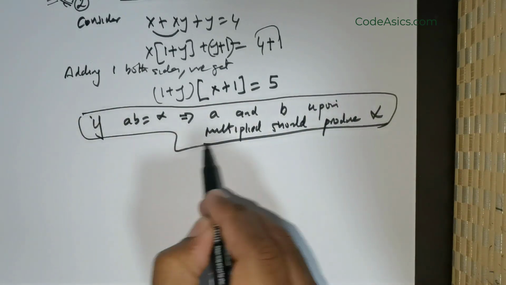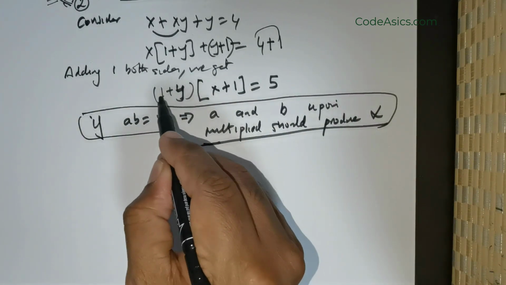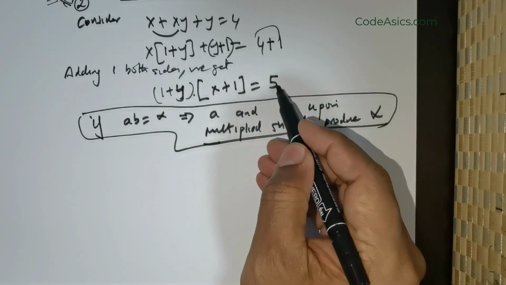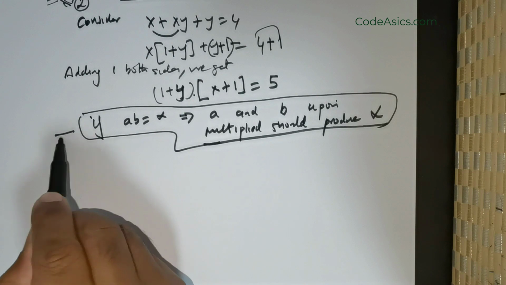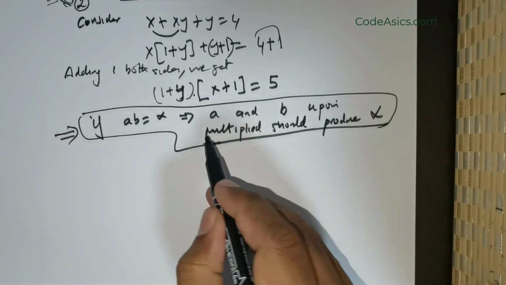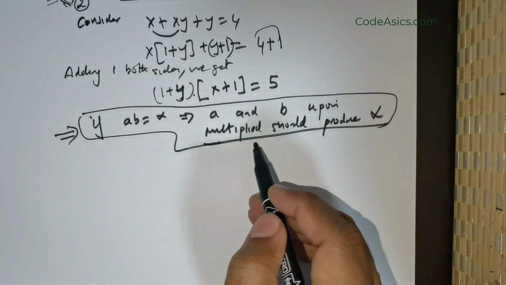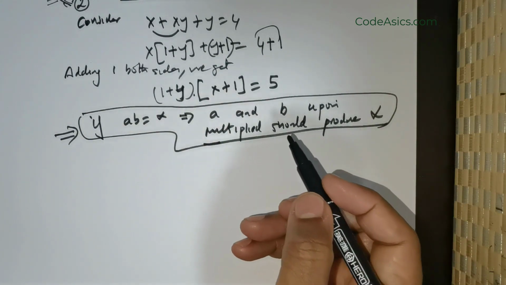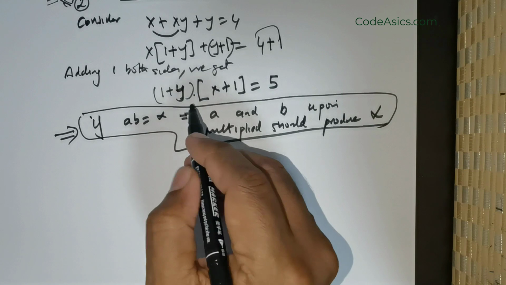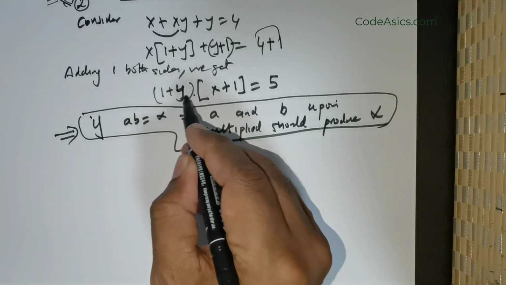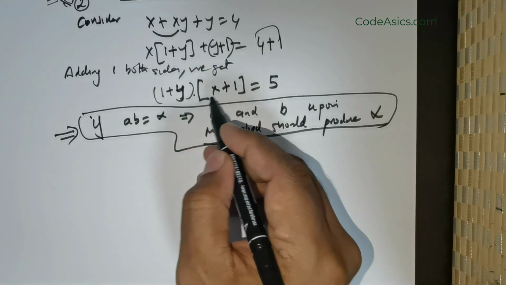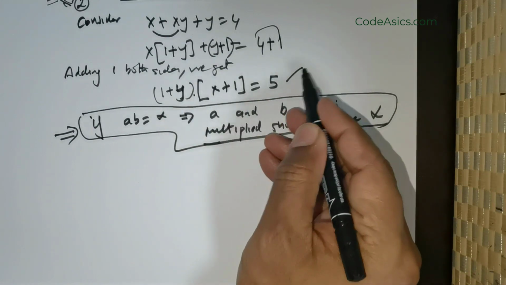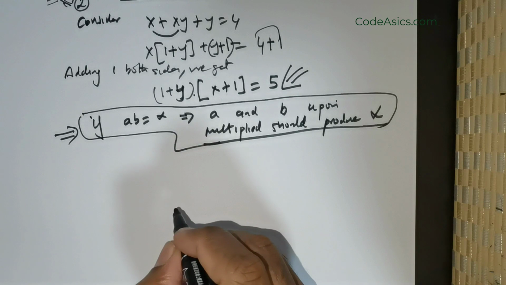Now the question is, we have got 1 + y multiplied with x + 1 giving us 5. So by this property, A and B upon being multiplied should produce alpha. Now how is it possible for us to ensure that (1 + y) times (1 + x), or (x + 1), multiplied has the ability to produce 5, because 5 is actually an odd number.